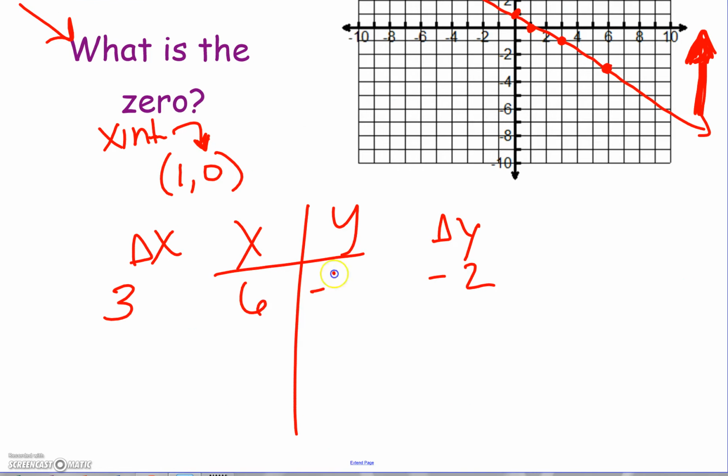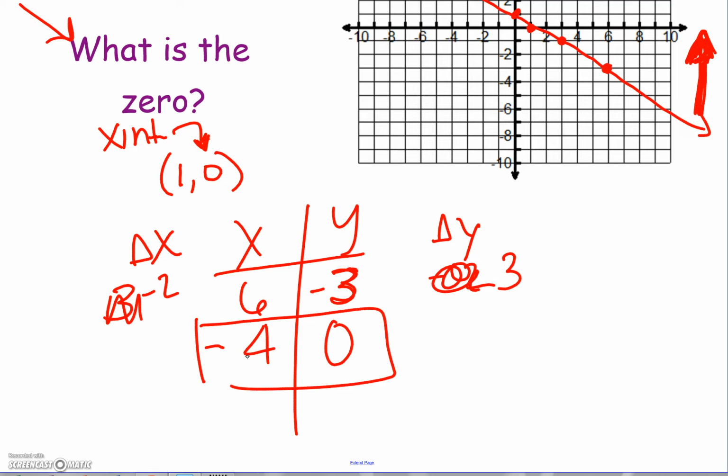So I have 6, -3. So if I add 3, I'm at 0, and if I take away 2, I'm at 4. So here is your root. I was way off, guys.